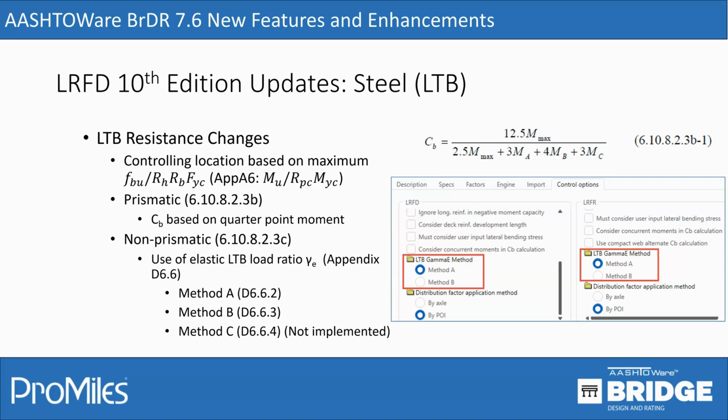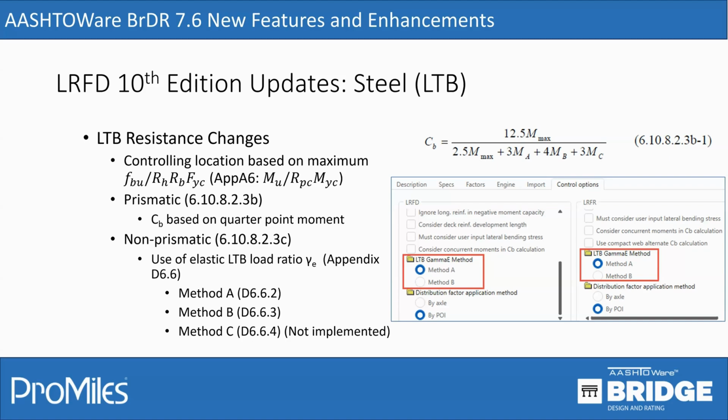There were also some new provisions included for non-prismatic sections that use the elastic LTB load ratio, which gets computed in Appendix D6.6. There are a couple of methods to compute the elastic LTB load ratio: method A and method B.